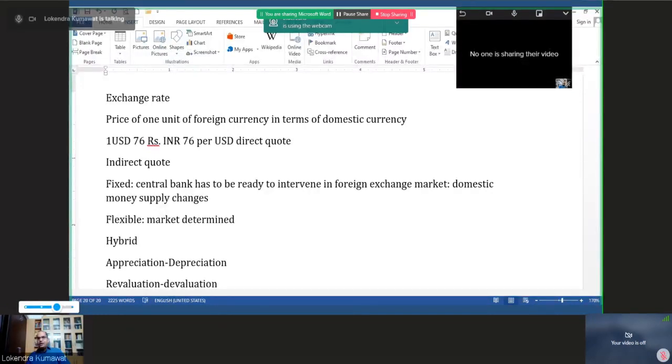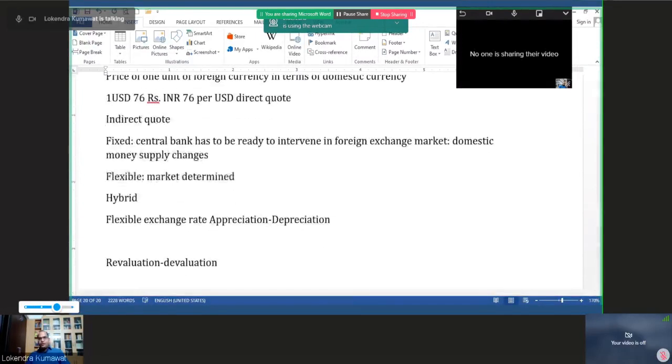Appreciation and depreciation are used in case of a flexible exchange rate system, and revaluation and devaluation are used in case of a fixed exchange rate system. Appreciation means the value of the domestic currency has risen, that means the price of foreign currency in terms of domestic currency has declined. If the exchange rate E is expressed as the number of units of domestic currency required to buy a unit of foreign currency, and it declines, it is appreciation. If it rises, it is called depreciation.